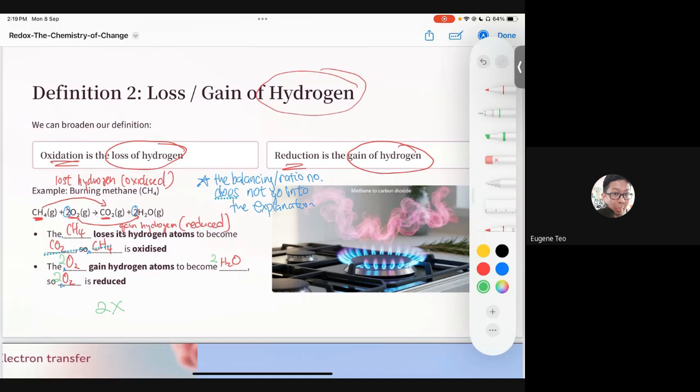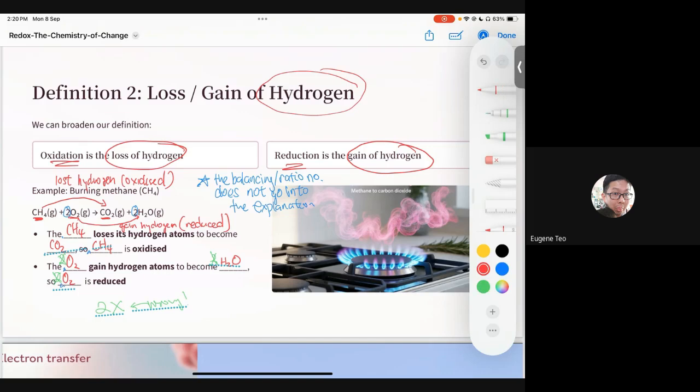Cannot write down the 2 over there. Cancel, cancel, cancel. But this is a very common mistake. I am quite certain some of you, listen to this carefully, are going to write down this ratio number inside the explanation. But just take note, you're not supposed to write it down.